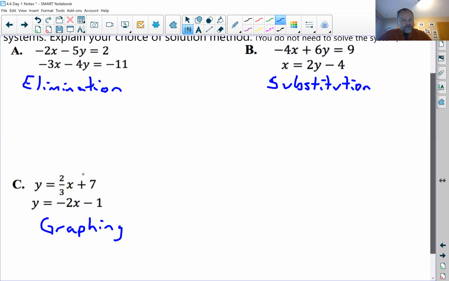You'd have some fractions when you combine the 2/3 x and the negative 2x. But again, you could certainly use elimination with that method. It just may not be as quick or as easy as graphing.